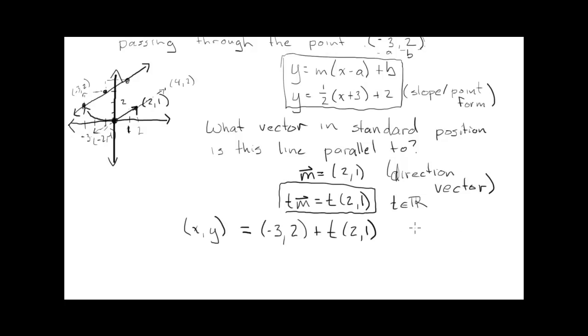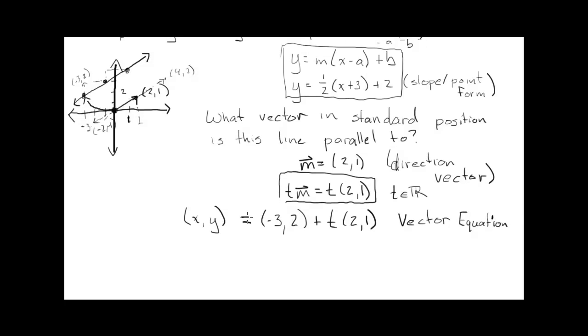Okay, so this is what we call the vector equation. An equation of a line is an equation which will generate all the points on the line. And that's exactly what this will do with different values of t. For example, if t was equal to 0, then you just put 0 in here, and xy would equal negative 3, 2.